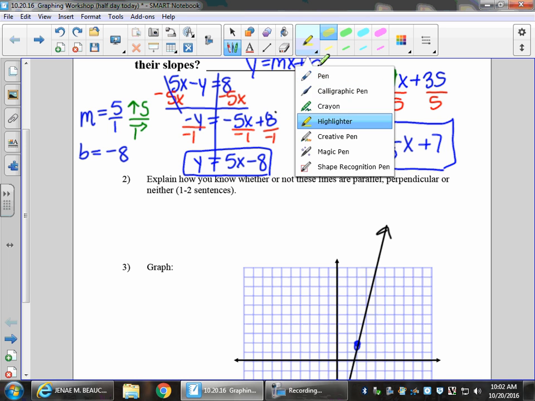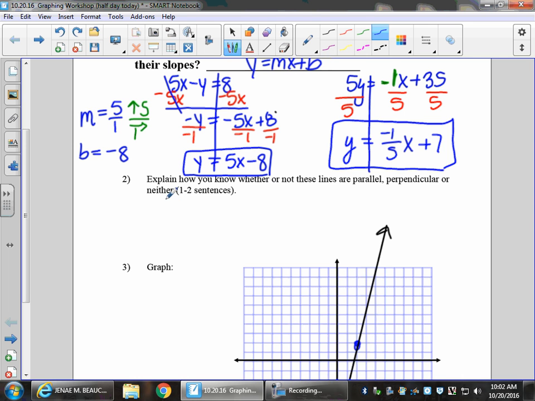For these to be perpendicular, what 2 checks do we do? So let's check. What does opposite mean? One is positive, one's negative. Is that the case here? Yeah. Because this one is positive and this one is negative. So we could put a little check mark. Yes, they're opposites.